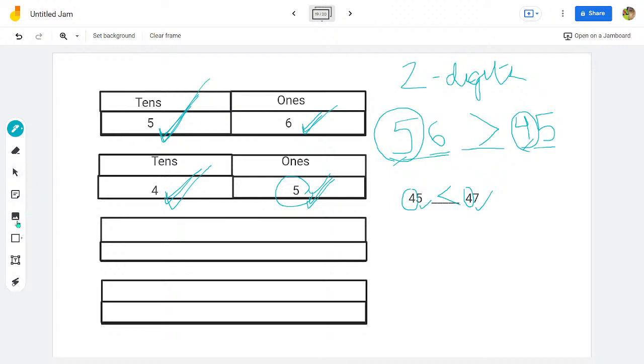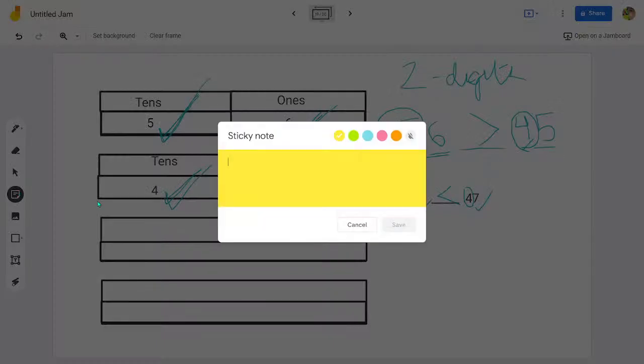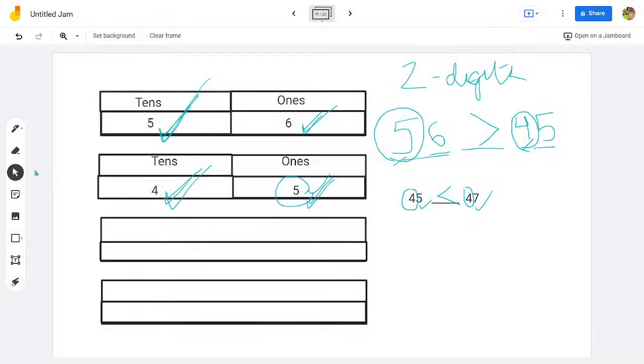Now let's move on and let's see what we will do if we have 3-digit numbers.